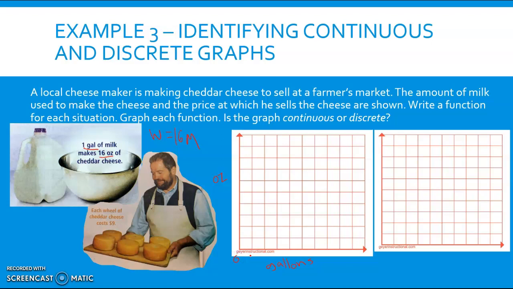And I'm just going to go 1, keep it simple, 2, 3, 4, 5. And for every gallon, right, I could have 16 ounces of cheese, 16, 32, 48, 64, and 80. And guys, I'll tell you why, this is going to be continuous.